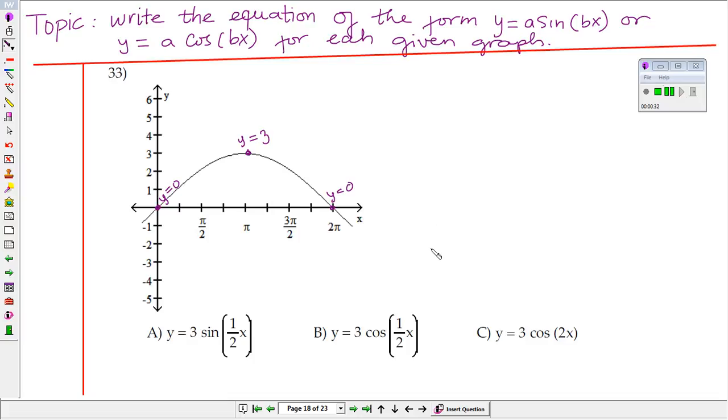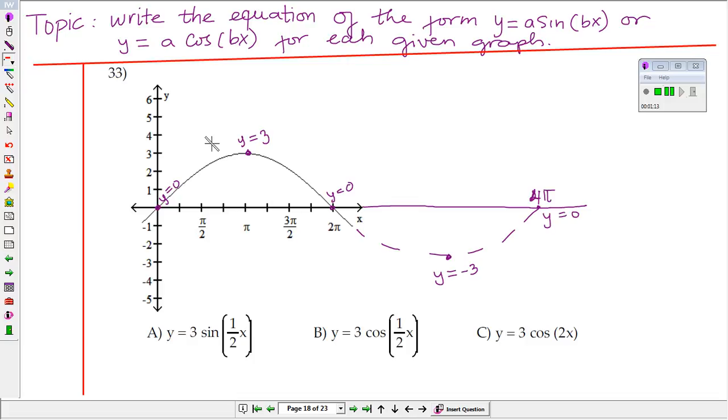So if we're missing two more y values, we can predict what happens to the graph. The graph will end at 4 pi, and my two missing y values will be y equals -3 and y equals 0.